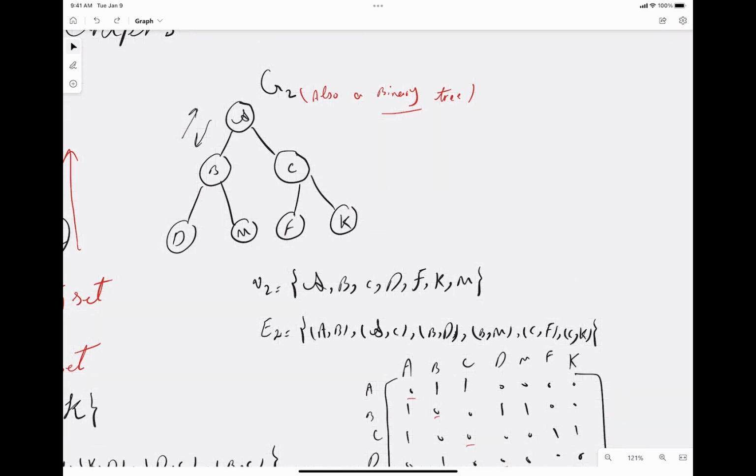As you see here, there is no path from a node to any other node that will come back to itself. So if I want to go from node A to any other node, there is no way that I can go back to the node A. From node A, I can go to the node C, and from node C to K, and that's it. That's going to be one way, one direction. So it's not a circle.